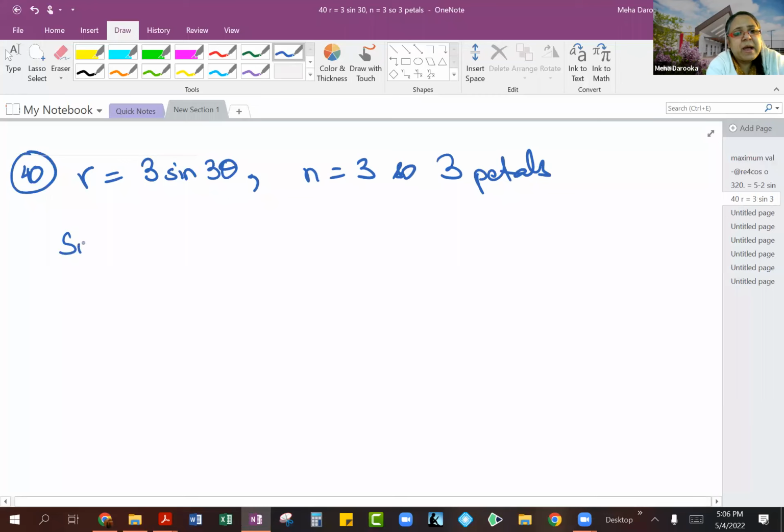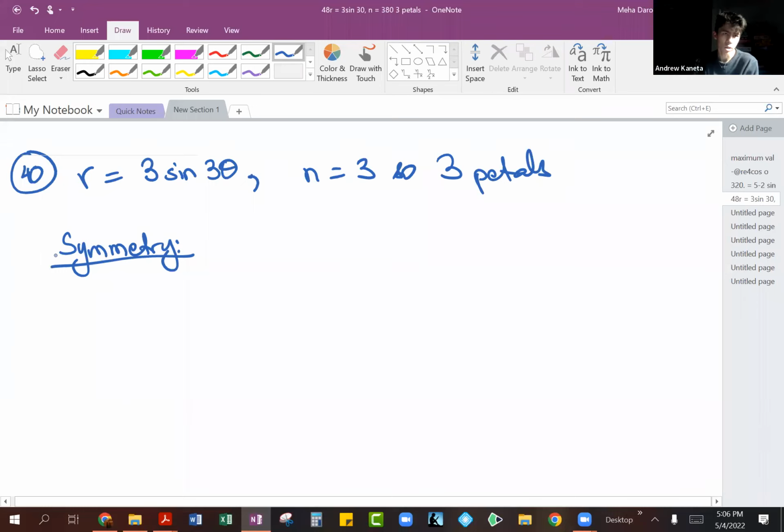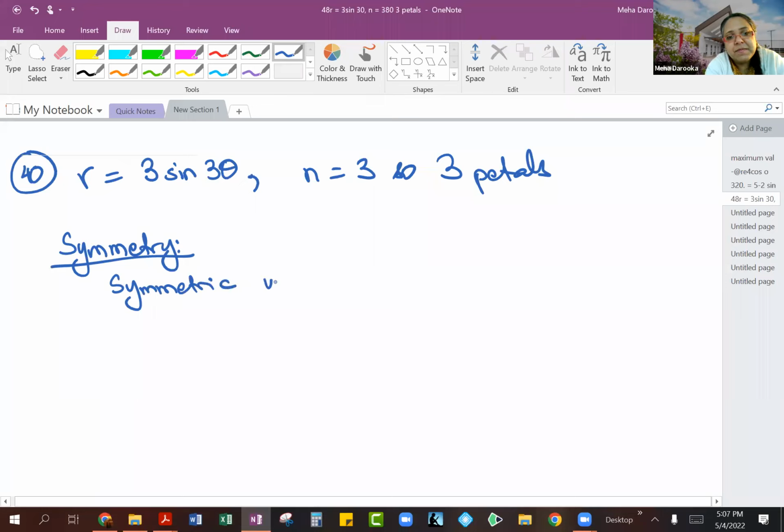So let's talk about symmetry again here, guys. What kind of symmetry do you think this function will have? It has symmetry about the line pi over 2. Yeah, very good. Just like we saw with the previous example, because again, this is a sine function. So again, symmetry with respect to the angle theta equals pi halves.